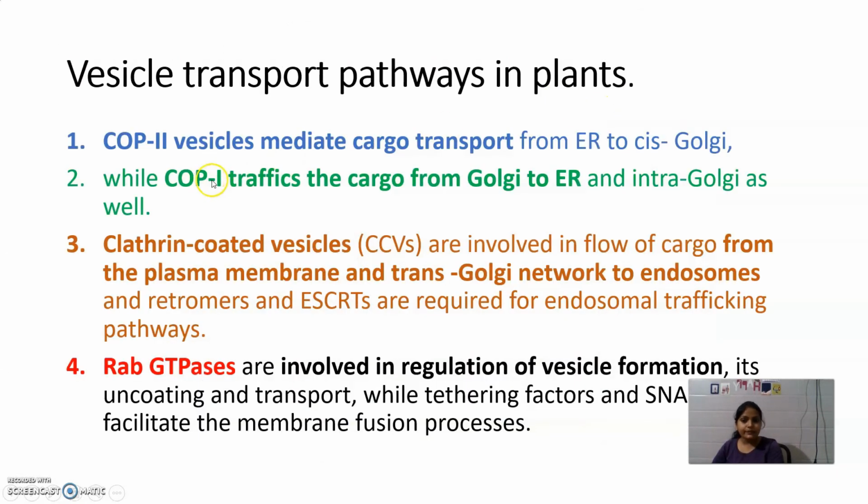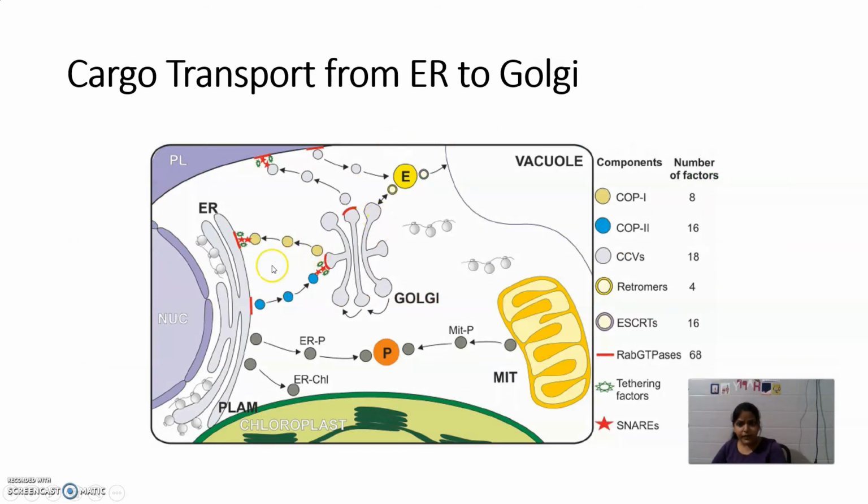Let's discuss it in a little more detail. The COP2 vesicles mediate the cargo transport from the ER to the cis Golgi apparatus. Here you can see the COP2 vesicles. These blue colored vesicles are the COP2 vesicles.